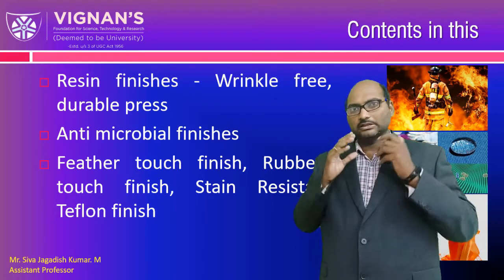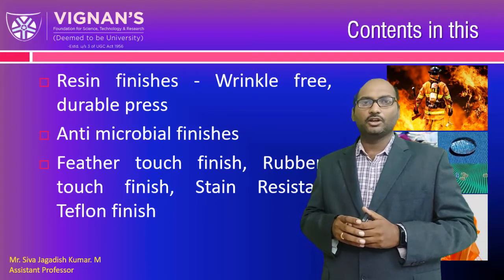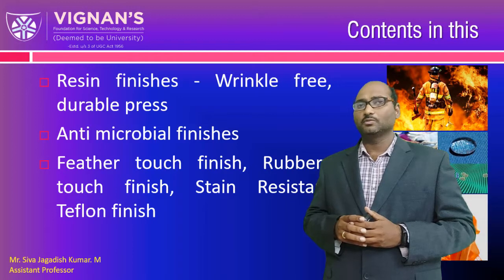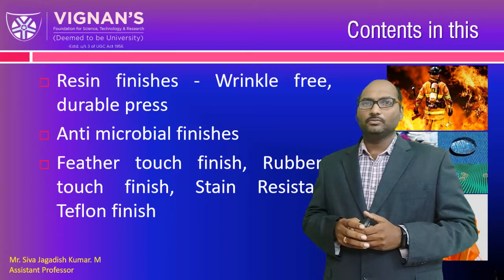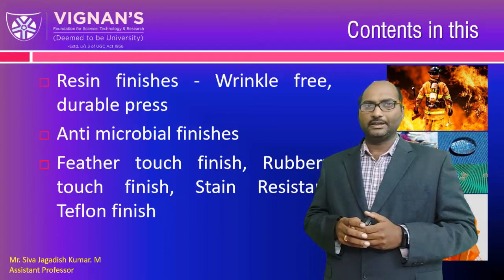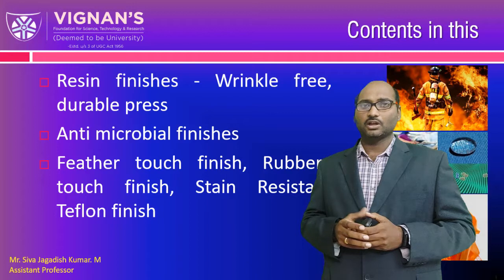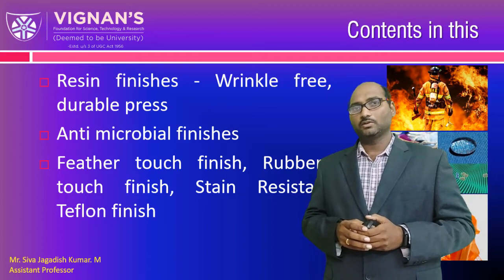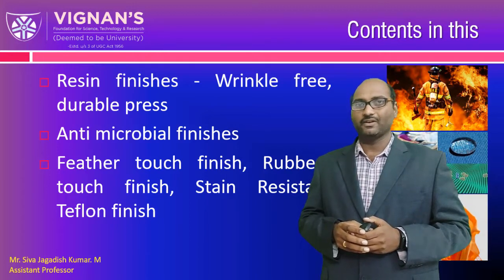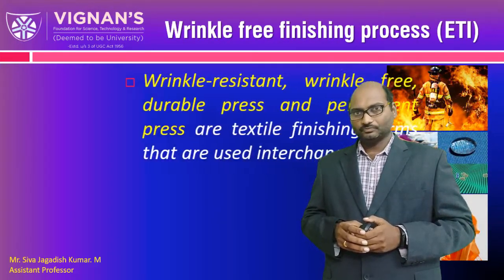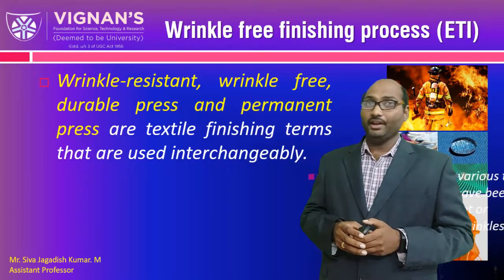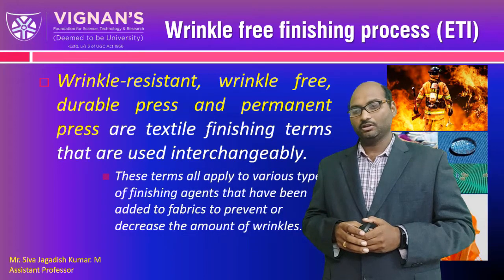Like all the masks and healthcare things, which generally come with that, that is also one of the functional finishes. We will see that one. And also we will see some of the softener washes like feather touch, rubber touch, and a Teflon coating.